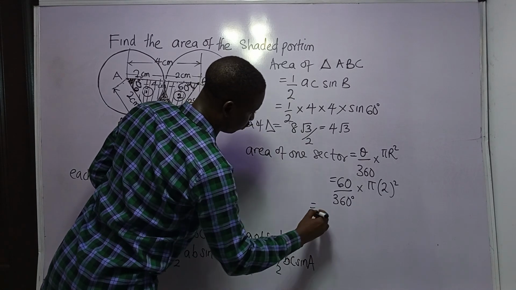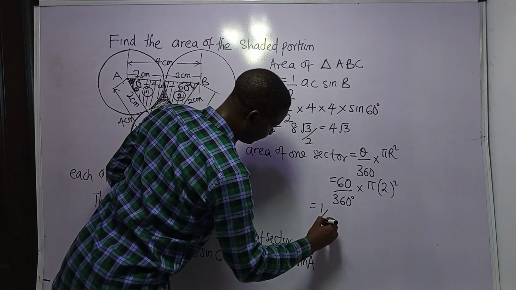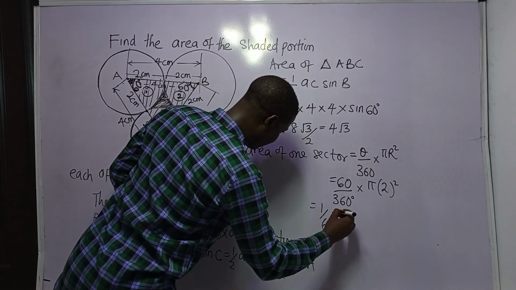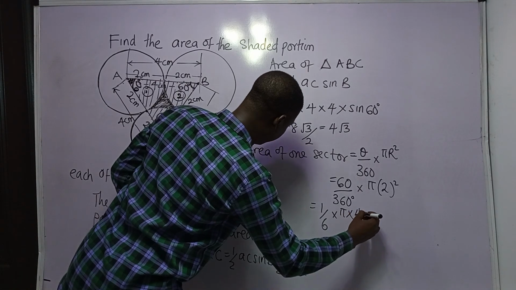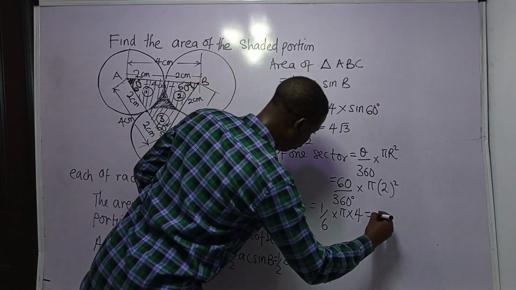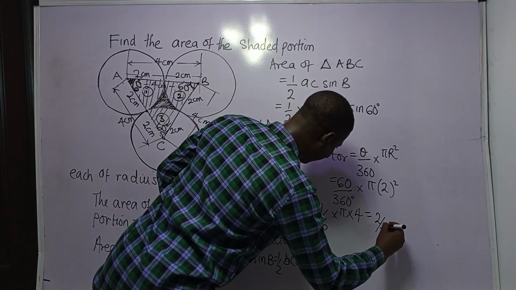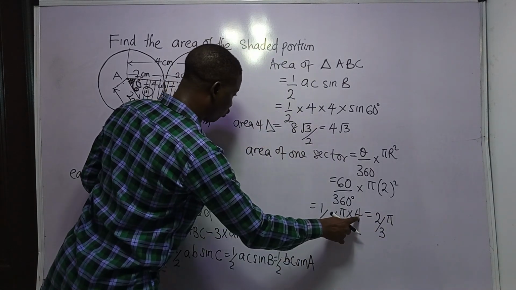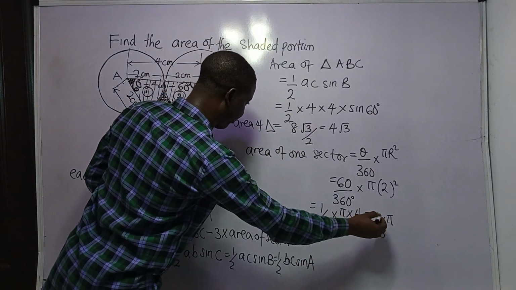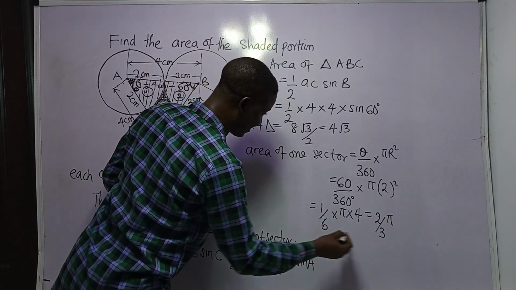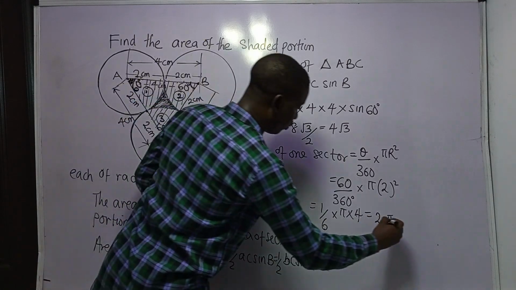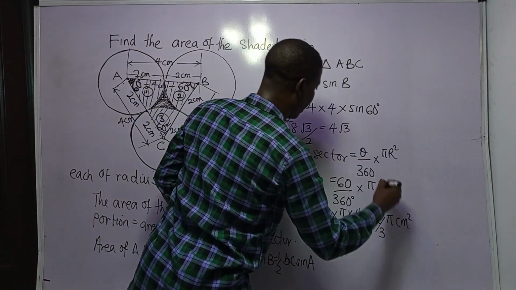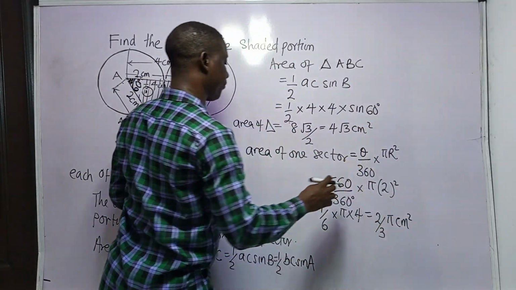So what I'm going to have is 1 over 6 times pi times 4. And that will give me 2 over 3 pi, because 2 goes in 4, we have 2, then 2 in 6, we have 3. So this is in centimeter square for 1.